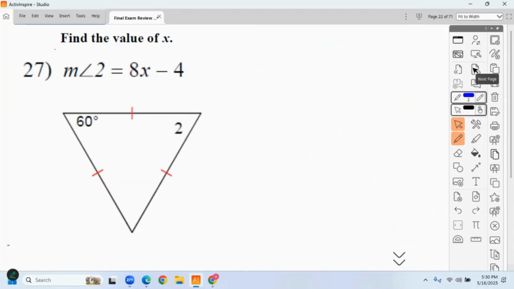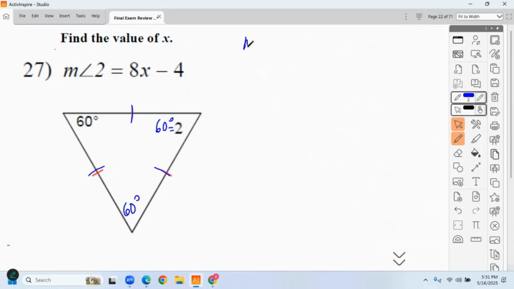So let's take a nice look here at 27. Oh man, this is not bad at all. 1, 2, 3 sides equal. This is an equilateral triangle, so this is 60 degrees. That means this is 60 degrees also.